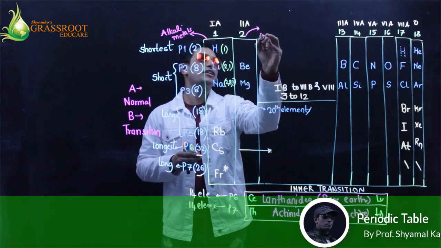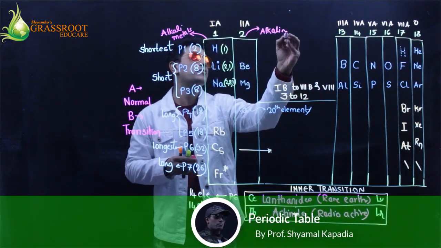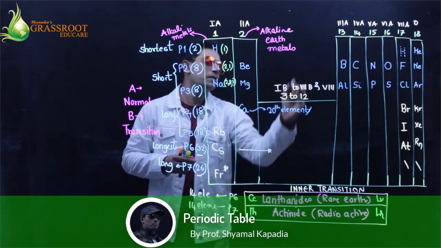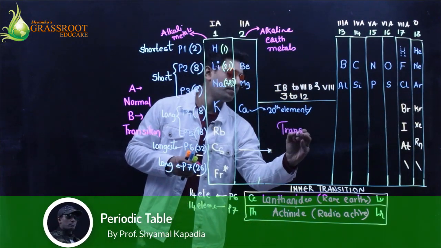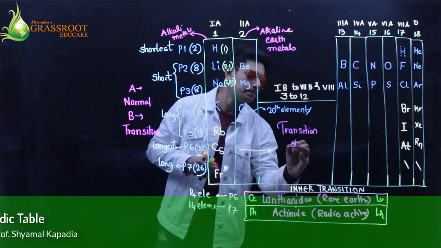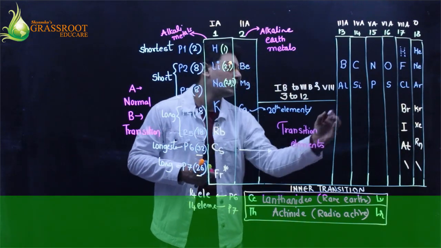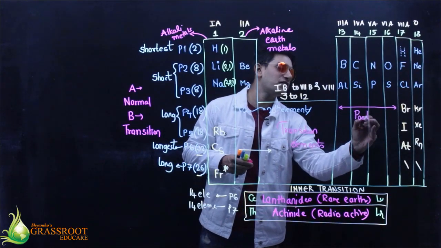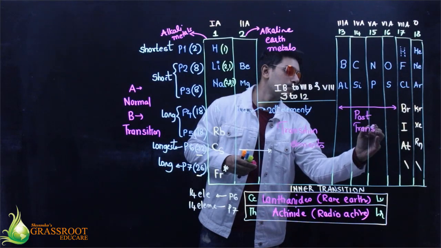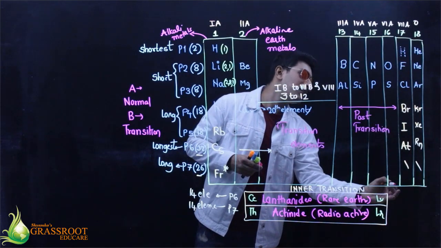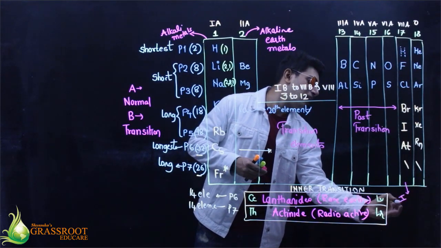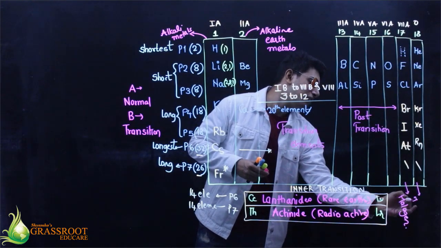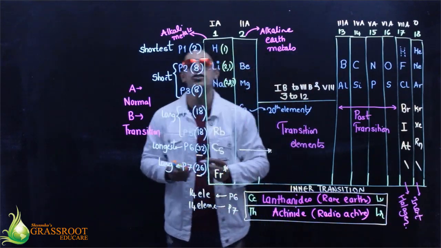Group number 2 is said to be alkaline earth metals. These are transition elements. From 13 up till 16, we call them post-transition elements. The 17th group is said to be halogens. And the 18th is said to be inert, the zero group.